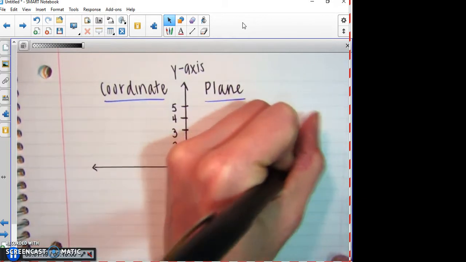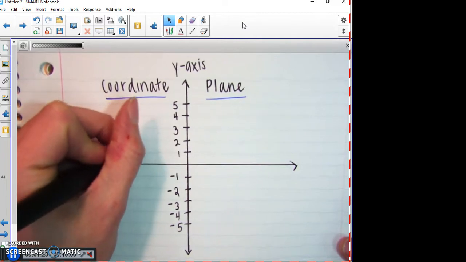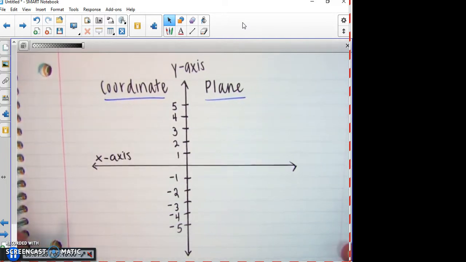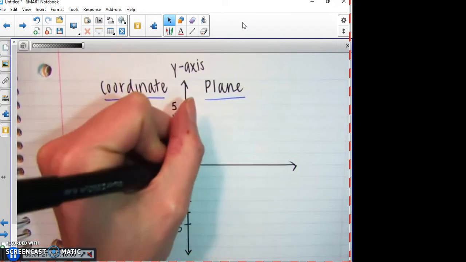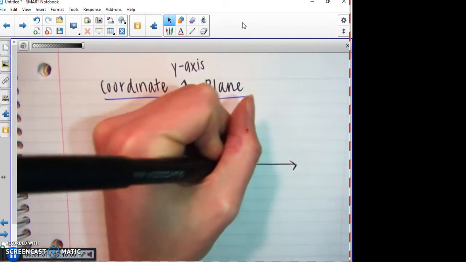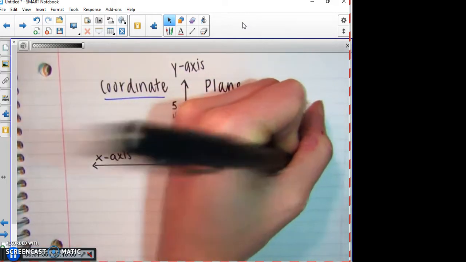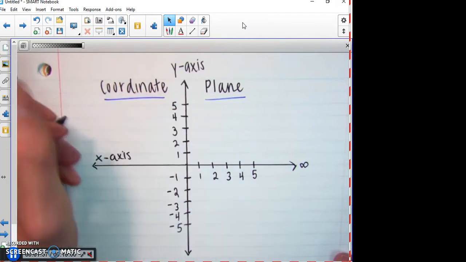All right, and then that horizontal line, that's going to be our x-axis. So these tell us our x values. So we have 0 in the middle, and then we have 1, 2, 3, 4, 5, and so on up to positive infinity, just like on a number line.